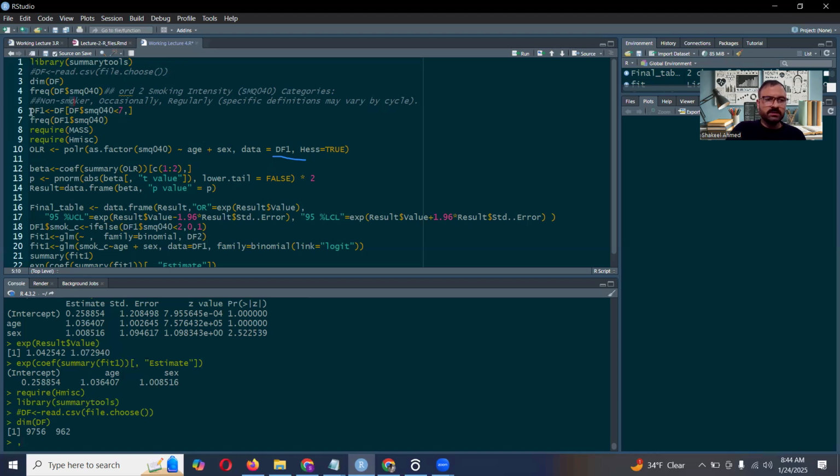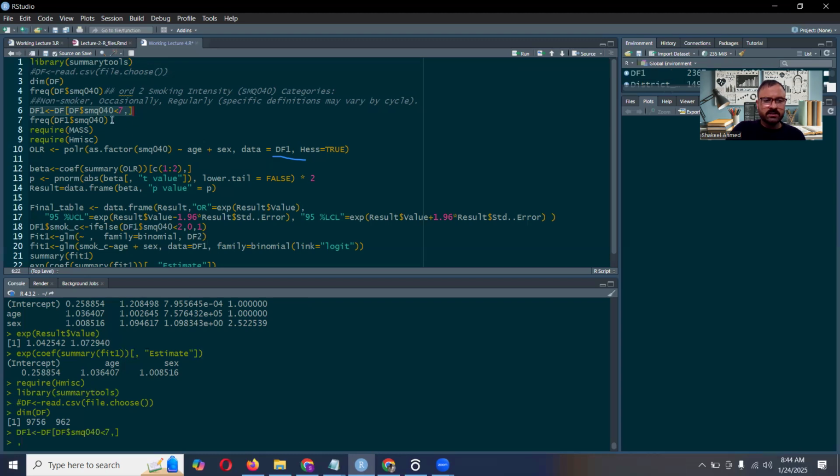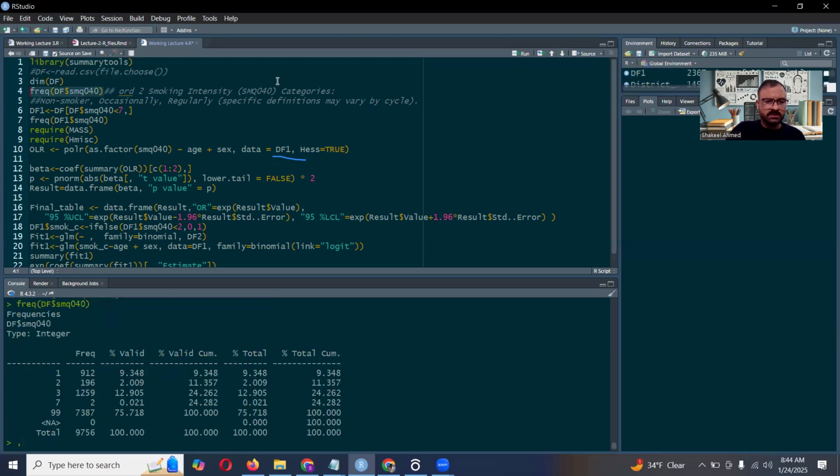So we just see the variable. We are just removing the categories with missing values. If you see this variable, smoking intensity, it has three categories, and then a seven category that might be the refusals, and 99 that may be unknown cases.